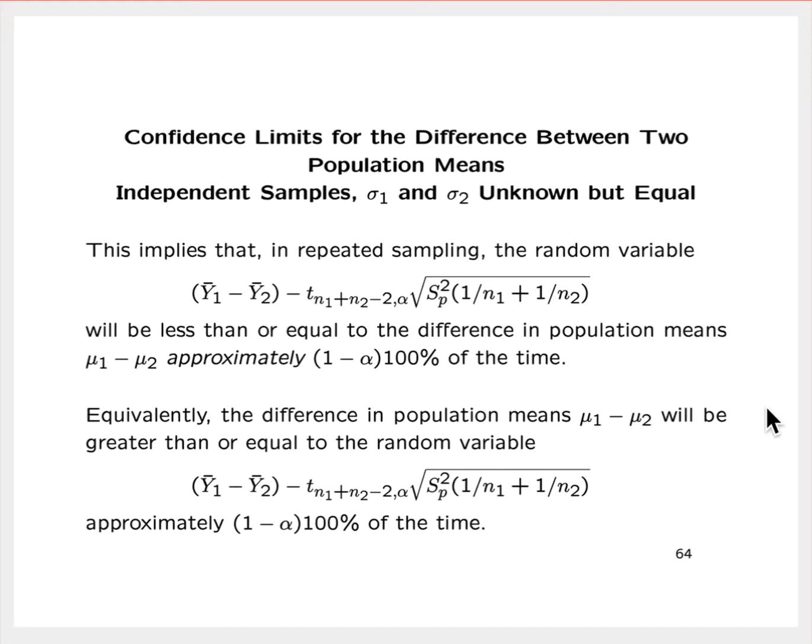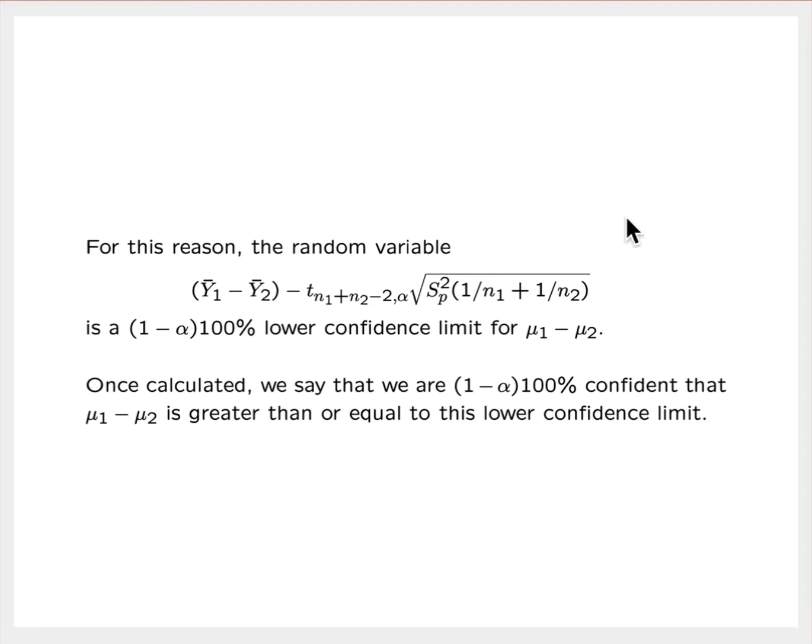So the difference in population means mu1 minus mu2 will be greater than or equal to that random variable approximately 1 minus alpha times 100% of the time. For this reason, that random variable, y bar 1 minus y bar 2 minus the t-value times the estimated standard error of the difference in sample means, is called a 1 minus alpha times 100% lower confidence limit for mu1 minus mu2.